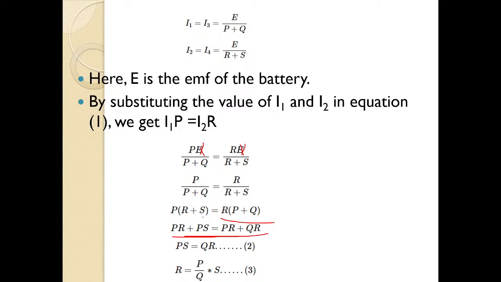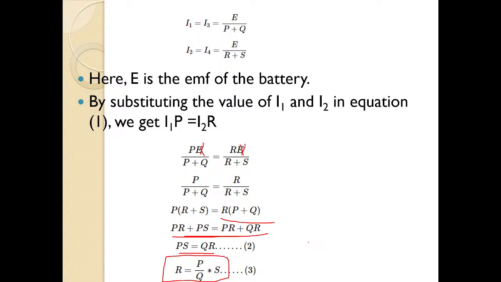Okay. So here you can see you have got PR on both sides. So PR, you can cancel them. What is left over is PS is equal to Q into R. So R is P by Q into S. Okay. R is the unknown resistance. So you can calculate the unknown resistance from this bridge circuit, the Wheatstone bridge, when the bridge is balanced.